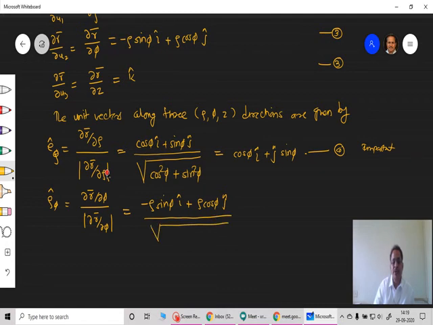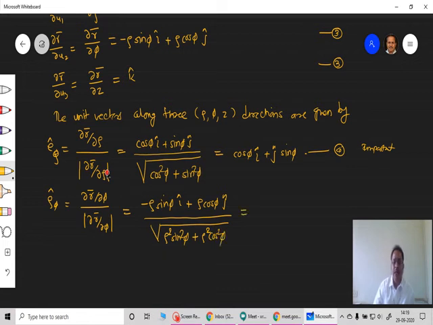Square of minus rho sin phi is rho square sin square phi, minus becomes plus when we take the square. Similarly, the second coefficient is rho cos phi, whose square is rho square into cos square phi.